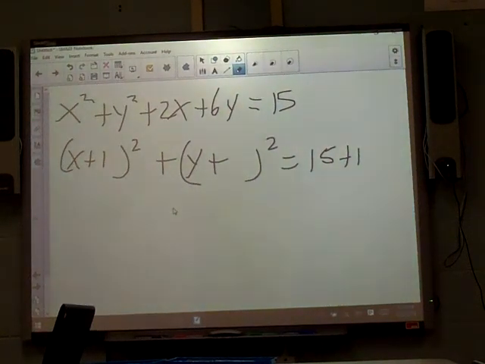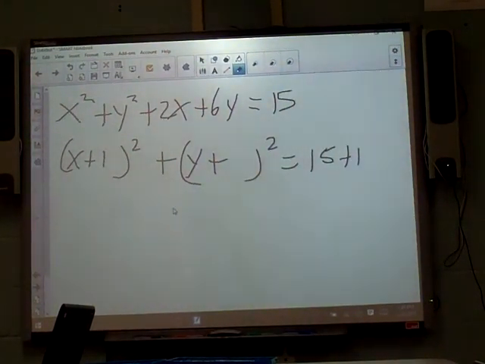Okay, so my y's, I got a y squared and a 6y. So I got to figure out what I'm going to add there that's going to make me have a perfect square. So take your b, half it, half of 6 is 3, square it, 3 squared is 9.